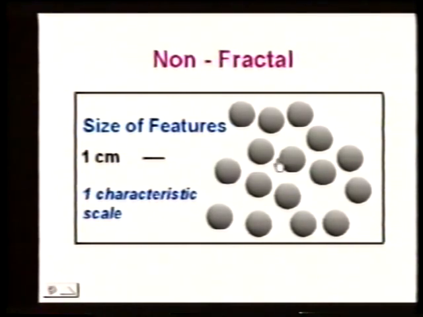It might have been better, and I have in some later transparencies, drawn these not at the same size, but have most of them roughly the same size and some bigger and some smaller, forming perhaps a Gaussian distribution. But the basic point here is either for this object or for this set of values symbolized by this object, there's only one characteristic scale, which is about this size, that all of these are about the same size. And so if I had a ruler that was finer than this scale, I would measure all of the properties of this set of objects or these set of values. That having finer resolution doesn't show me anything more about these things.